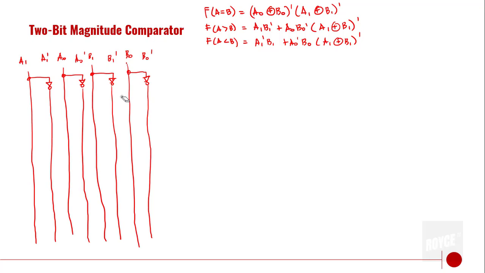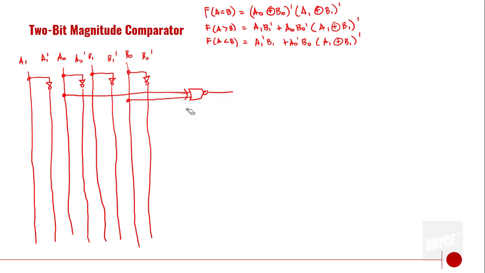From here, lagay na natin yung tatlong expression. So, for f of A equals to B, so dalawang XNOR, di ba? So, lagay ko muna dalawang XNOR. A0 tsaka B0.